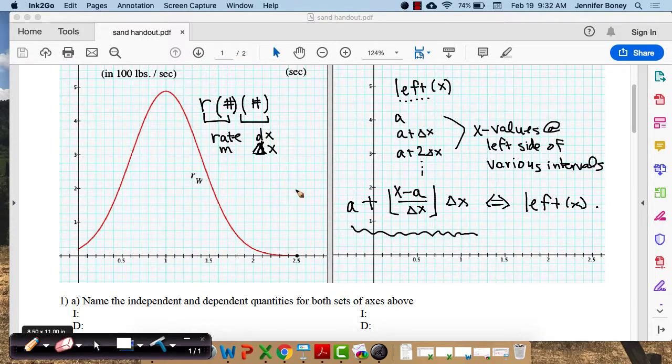But in general, that net accumulation, we have a whole bunch of different rates times a delta x, and then plus a rate times that last bit. You might not have a full interval for any particular x. There might be a little part of an interval left over. Wherever your x is, you're going to have this rate times a dx, or this x minus the beginning of that last interval, x minus left of x.